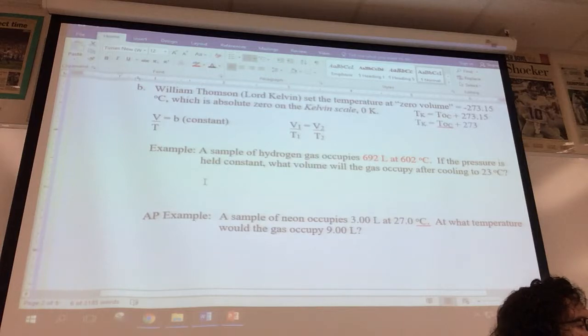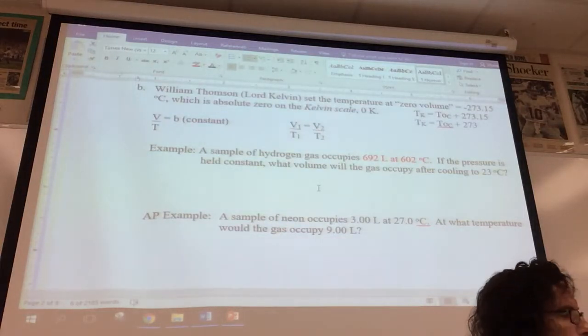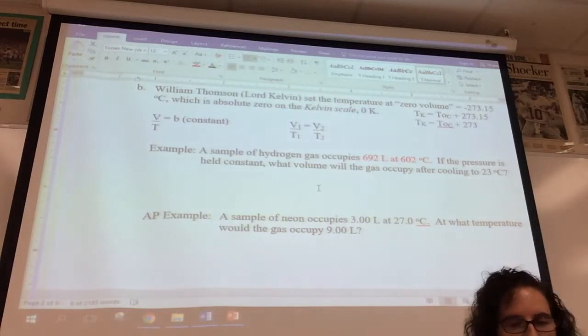The first one says a sample of hydrogen gas occupies 692 liters at 602 degrees Celsius. If the pressure is held constant, what volume will the gas occupy after cooling to 23 degrees Celsius? The first thing I want to recognize is that I'm cooling the gas, the temperature is decreasing.